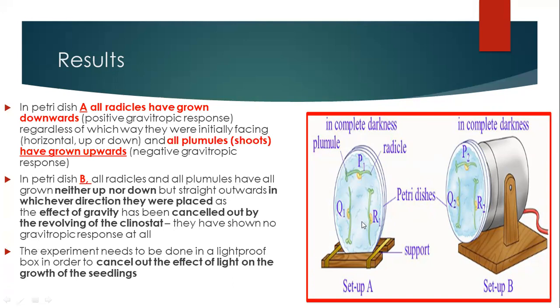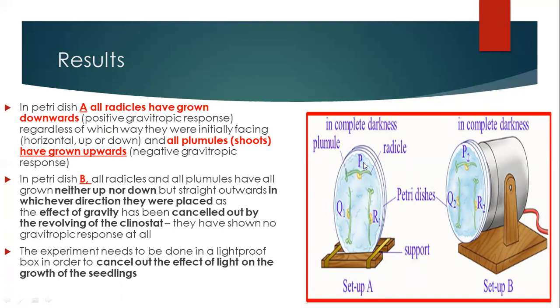The radicles will move down, and the shoots and the plumule will move up. So positive gravitropism, regardless of which way they were initially facing, horizontal or up or down. And all plumules and shoots have grown upward. Negative gravitropism response.